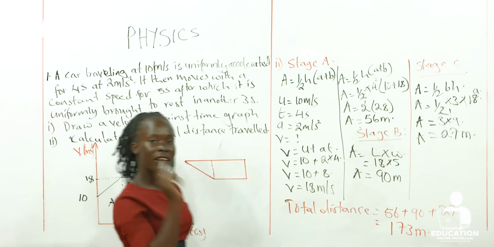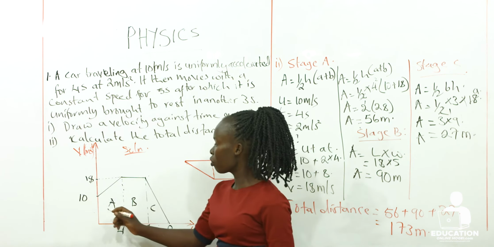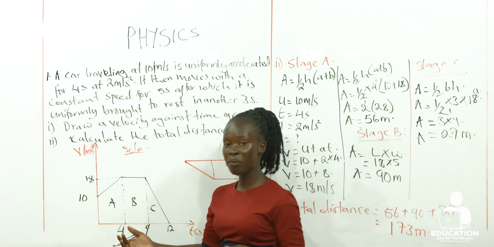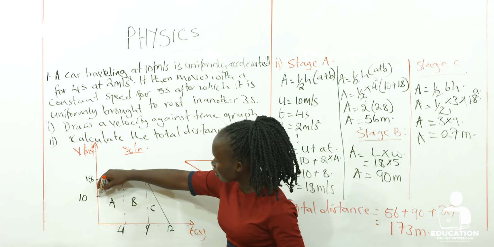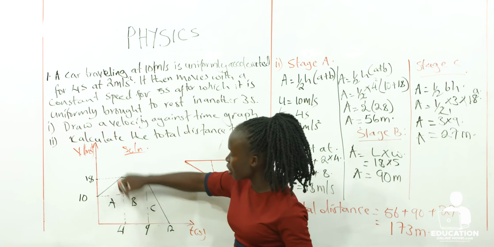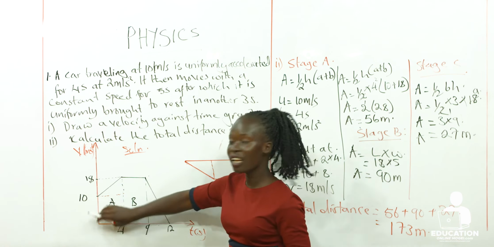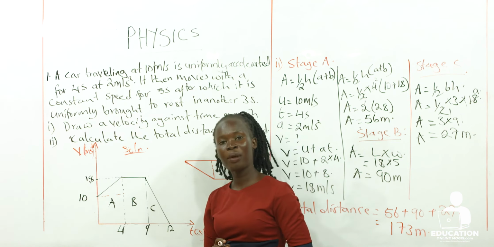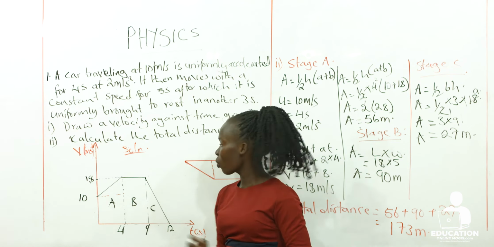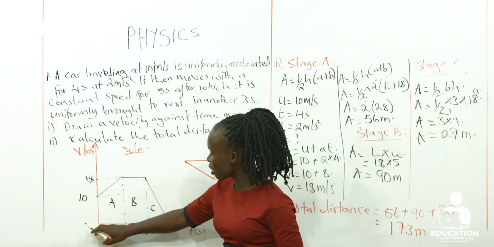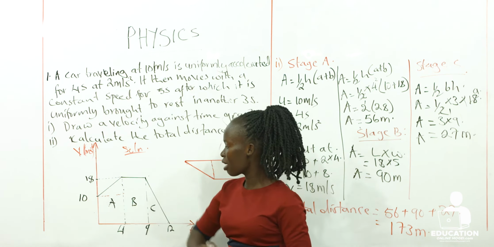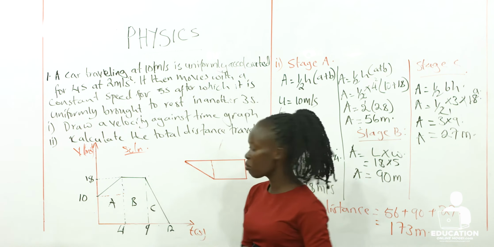So in case you've forgotten the formula of finding the area of a trapezium, you just divide it up to this point. You'll have a triangle and a rectangle. Since you know the area of a triangle is a half base times height, you can easily find that, and then for the rectangle, you will have length times width.